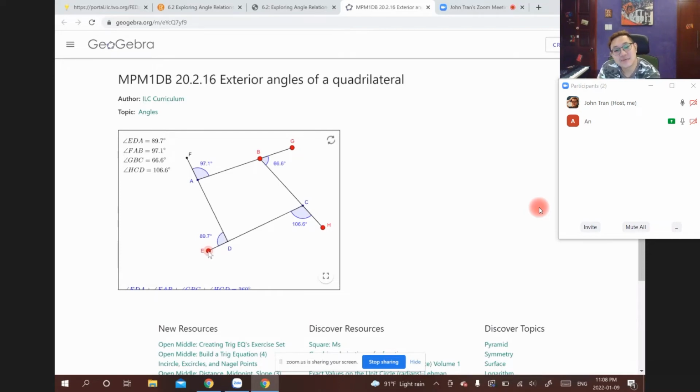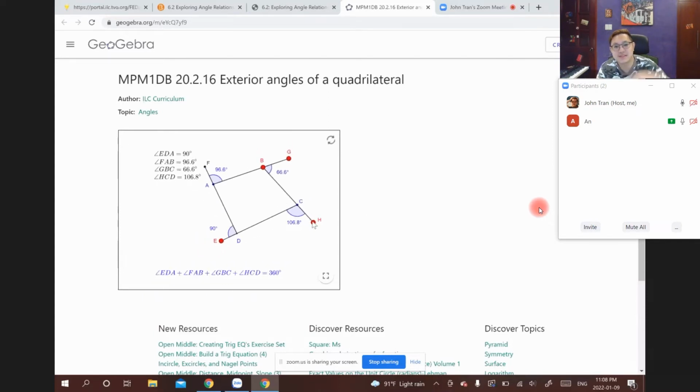But the first thing is you have to be careful how you determine the exterior angle in the first place. Because you have to extend the side to get to the exterior angle, but sometimes people do it wrong, you know. So it will not add up to 360 because at the first step they did it wrong.